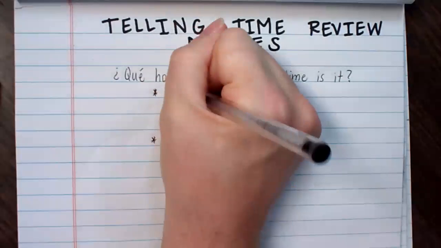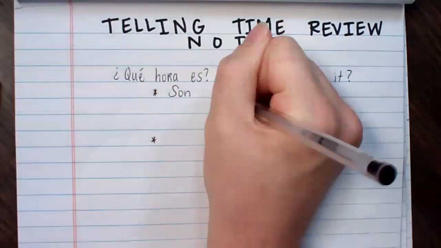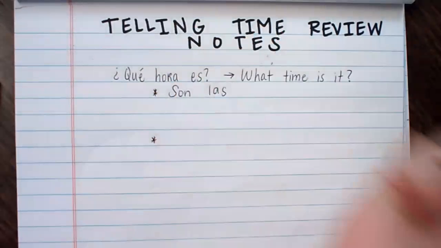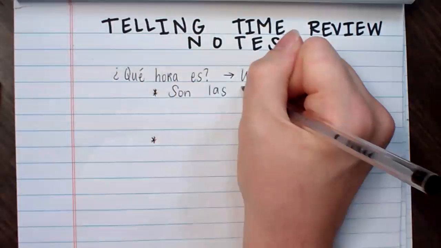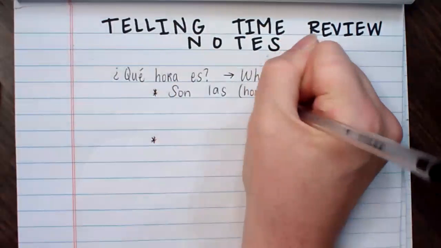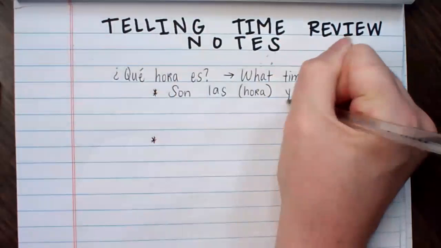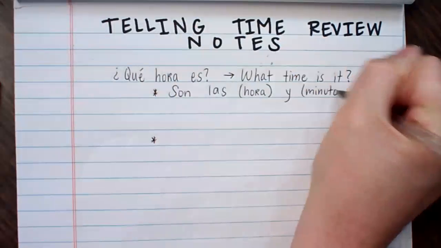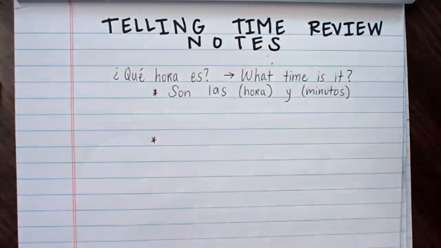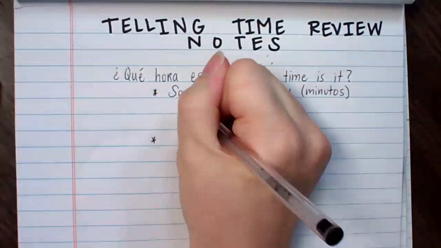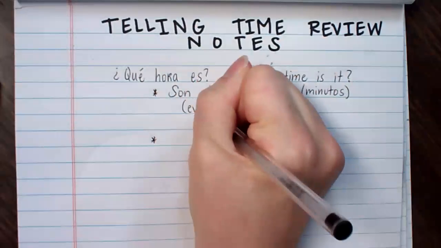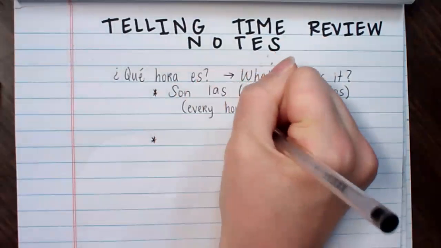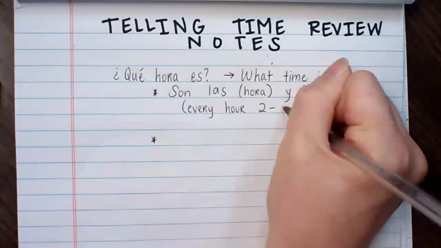You can either respond with your answer beginning with son las, and then you include la hora, or the hour, y minutos, the minutes. And this is what we are going to use for every hour, 2 to 12.